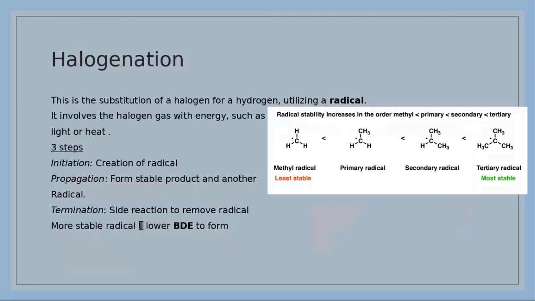All right, so halogenation is one of the first reactions we learned. This is where we substitute the halogen for hydrogen utilizing a radical. We'll see it involving Br2 and hv, which means light or energy.